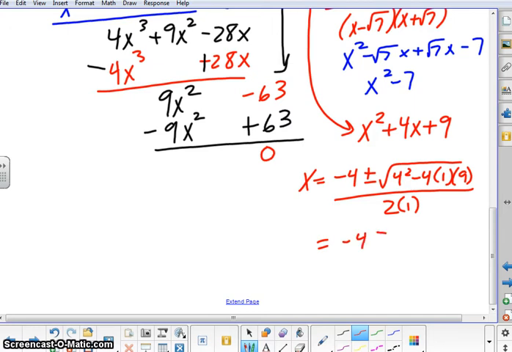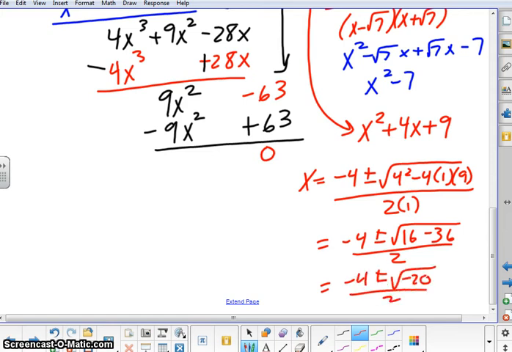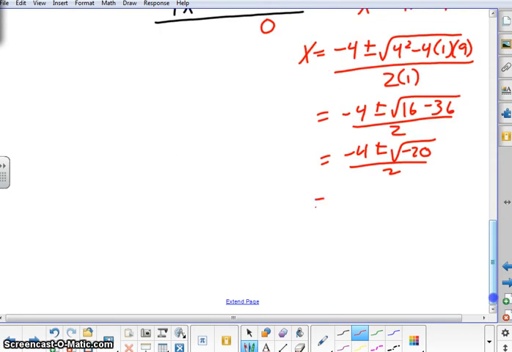All right, and after simplifying it, we get 16 minus 36 all over 2, and then negative 4 plus or minus negative 20 all over 2. And this is going to prove once again that imaginary numbers are going to come in pairs. Negative 4 plus or minus 2i root 5. Check your work on that one.